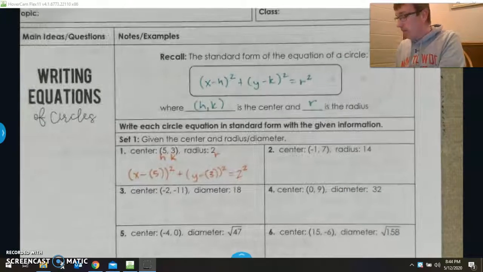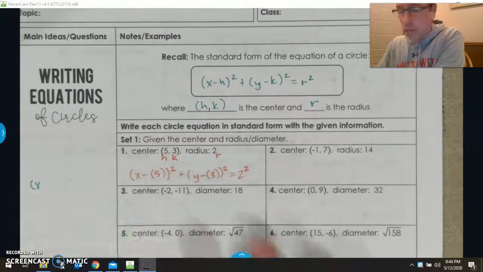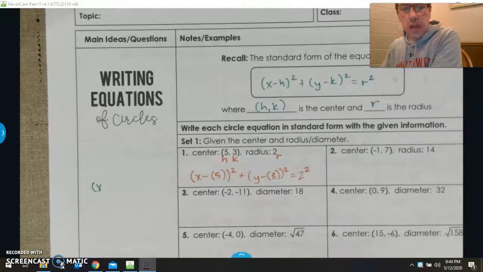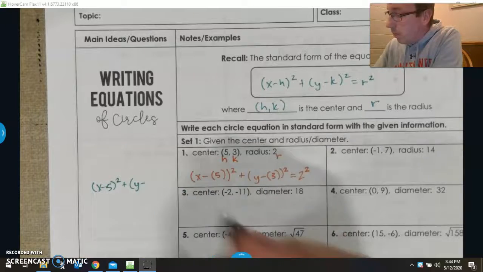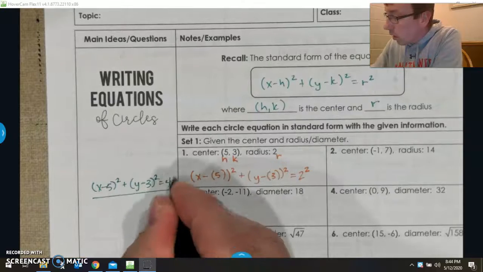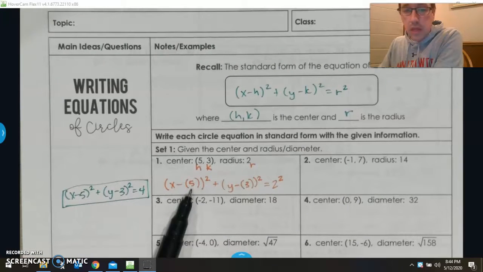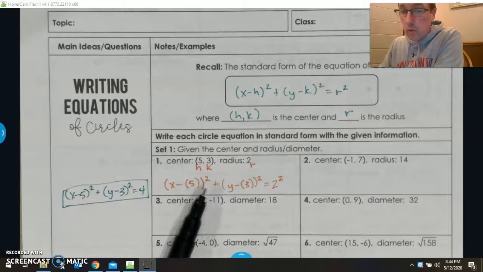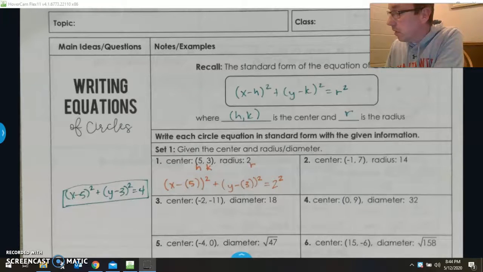That will simplify to, let's put it on the computer here, (x minus 5) squared plus (y minus 3) squared is equal to 4. Now the reason I put it like this is because if you look at number 2, we have a negative in there, so we do have to be a little bit careful.